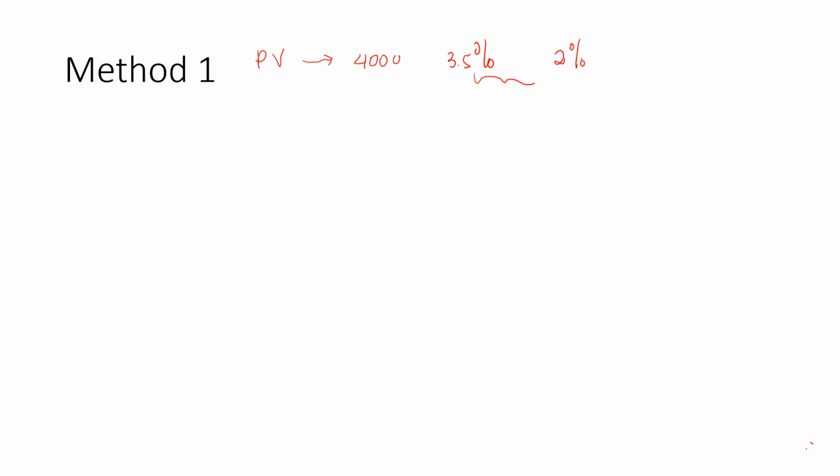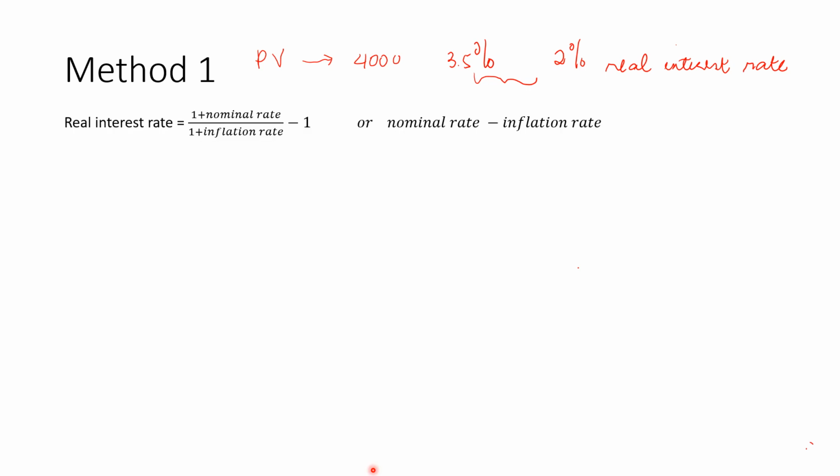So we need to find our real interest rate. There are two ways by which we can solve the real interest rate. We can have this formula, or simply we can have nominal rate minus inflation rate. IB accepts this last formula.